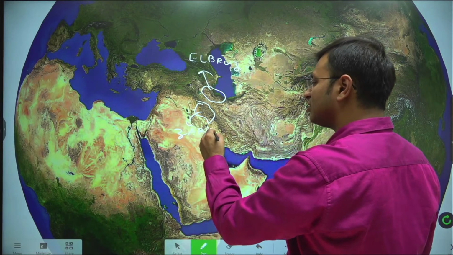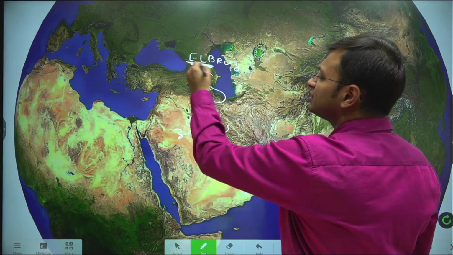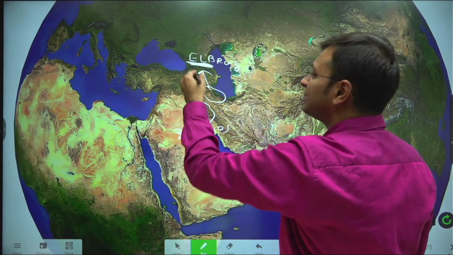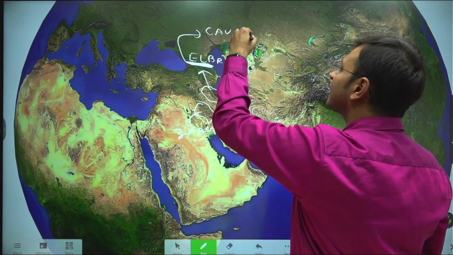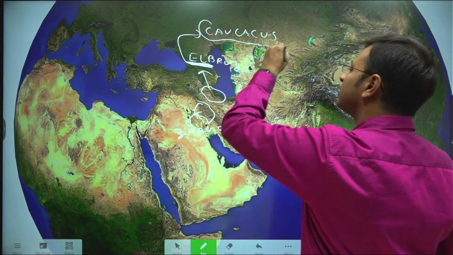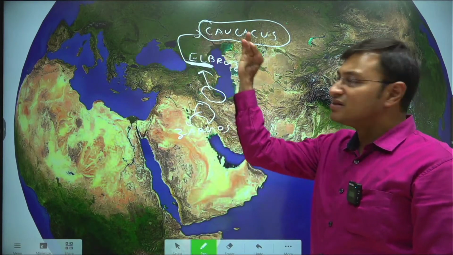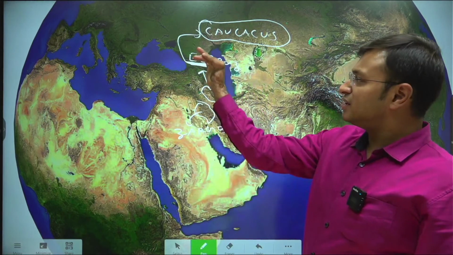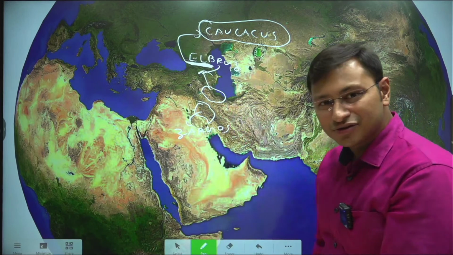Elbrus and Zagros of Iran. And over here, the mountain range connecting the Black Sea and the Caspian Sea is called the Caucasus. The ethnicity of the majority of the white people on earth, this is where you have the Caucasus. So here you have the Caucasus, Elbrus of Iran and Zagros of Iran.